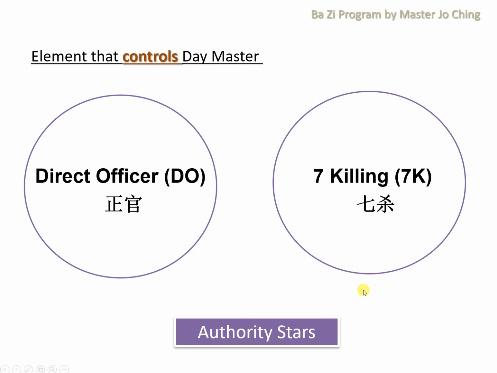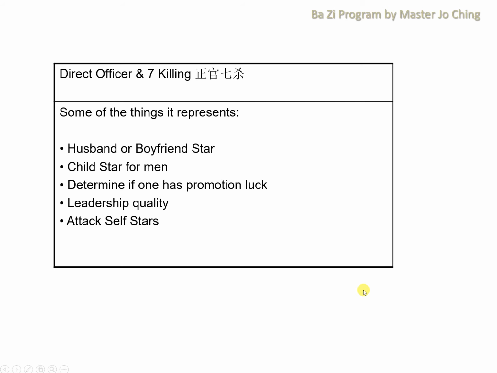Okay? And for the meanings, it actually represents the husband or boyfriend star of the woman, the child star for man, and of course this star is important to talk about your promotion luck, your status, your authority, your power. That's why it's known as the authority star. Okay, leadership quality, and it attacks self-star.